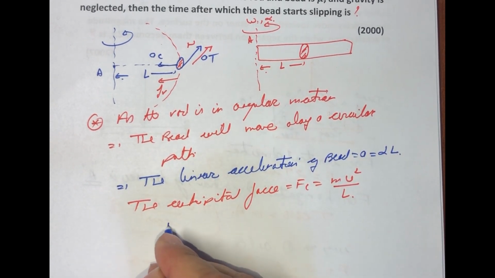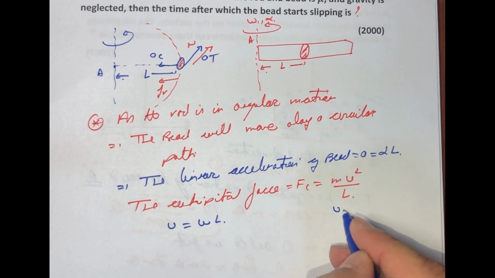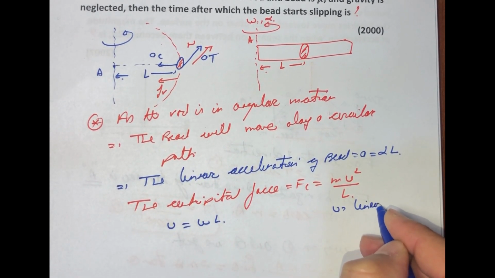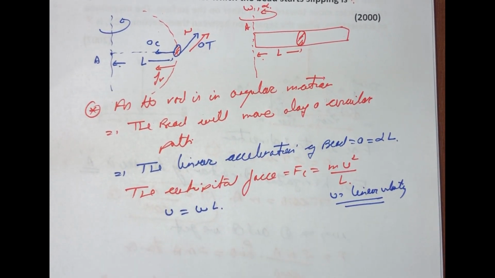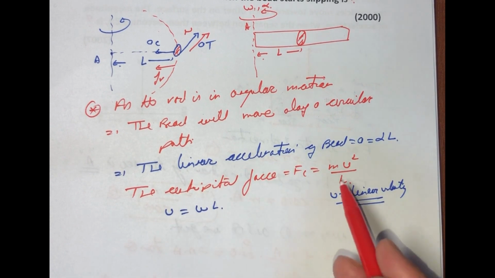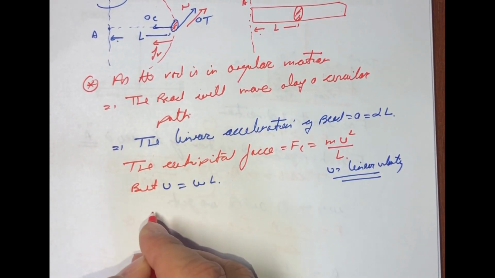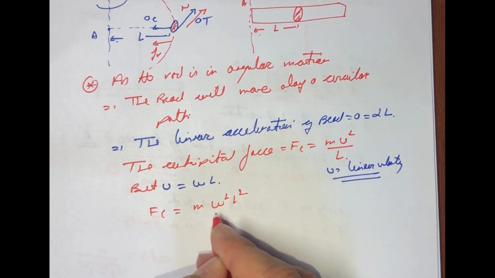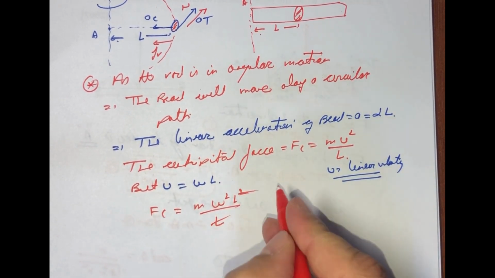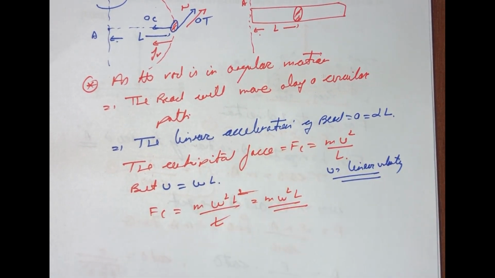V is given as omega L. So if we substitute the value of v as omega L in this equation, we get Fc is equal to m omega square L square divided by L. L cancels with this part, so we are left with m omega square L. So this is the centripetal force.